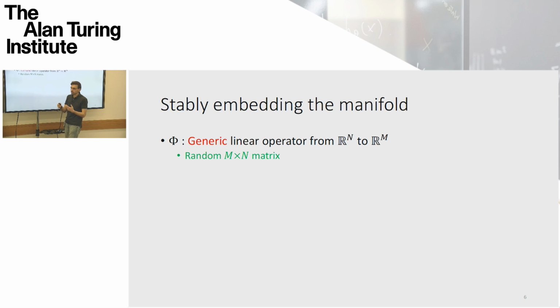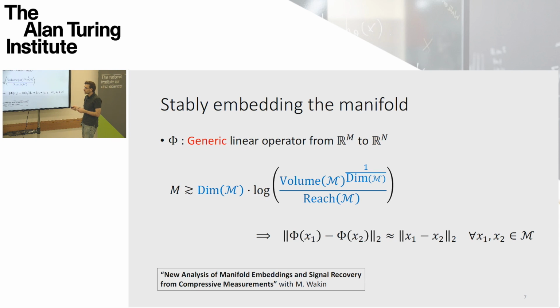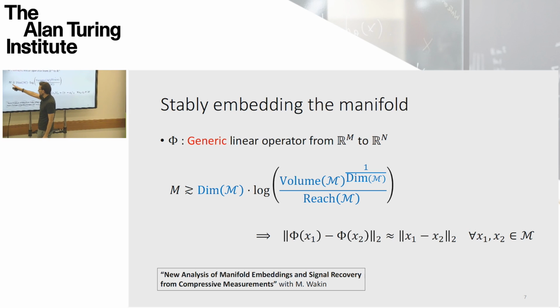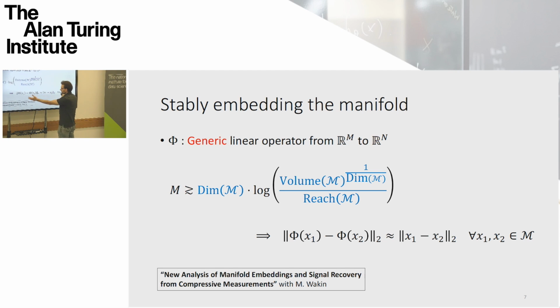The entries of it could be just random Gaussian variables. Then, if the number of measurements m is large enough, with very high probability on the choice of phi, we do get an operator that's excellent, in the sense that it preserves pairwise distances from the original manifold.